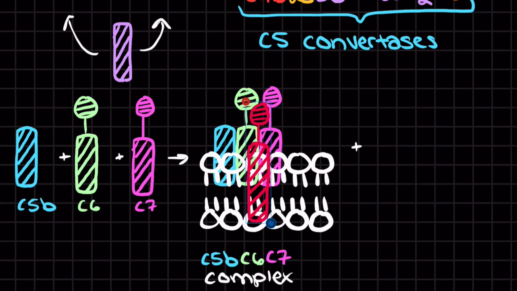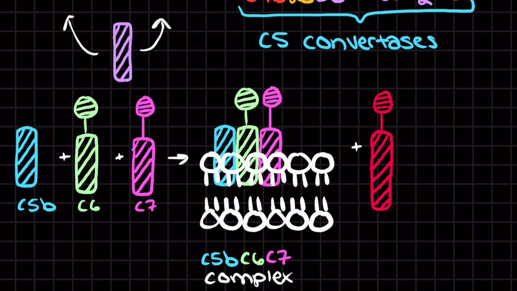This allows for the next event, which is introducing our next complement protein, which is C8. And C8, similar to what we saw with C1, actually is made up of 3 parts, but 2 of them are going to be grouped together. That's what we're going to see in this large fragment. This is going to be C8 alpha gamma, and our small part is going to be C8 beta. And it is C8 beta that is going to bind with C5b.